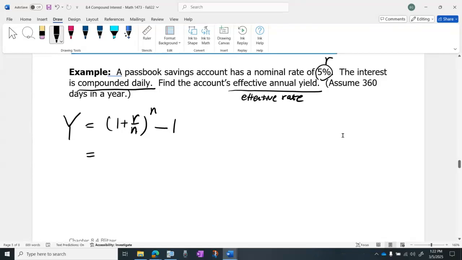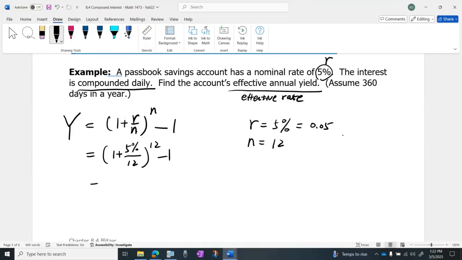Now let's plug in the values for the variables. r, the nominal rate, 5%, in decimal 0.05. n is 12 because the interest is compounded monthly, so n equals 12. Let's plug in 1 plus 5% over 12 to the power of 12, and then minus 1. You can use whatever calculator is available to you to evaluate the expression.